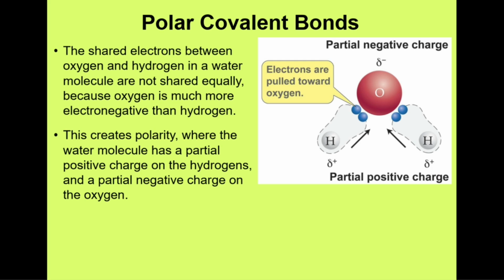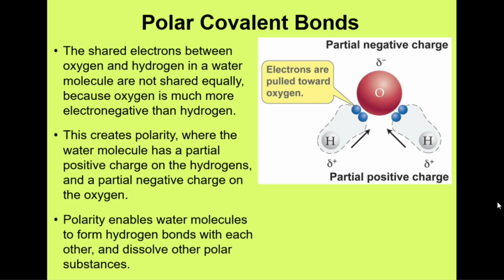And polarity is where the water molecule has a partial positive charge on the hydrogens and a partial negative charge on the oxygen. So we can see that over here on this diagram. Here's the oxygen part of the molecule, and it has a slight negative charge. And then here are the two hydrogens, and you can see that they have slight positive charges.